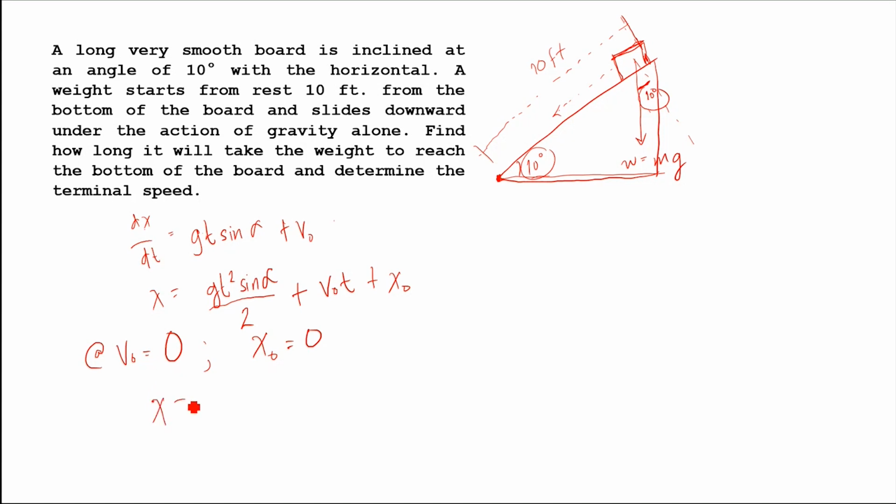So kung ganun naman pala, we have x equals gt squared sine of alpha over 2, since yung initial velocity nga ay 0, and then the initial displacement is also 0. Now, we have this formula.